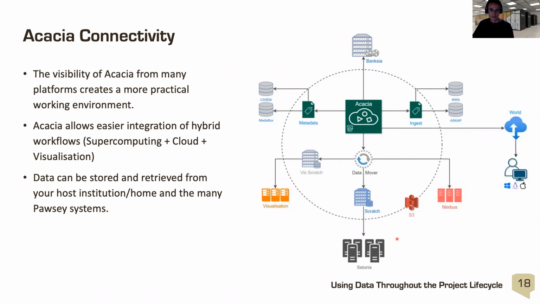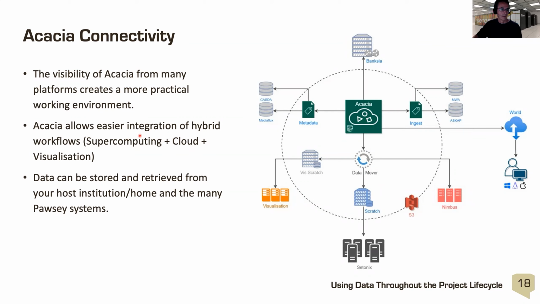Also, at this point, from the old clusters. And it is also visible from any computer that has an internet connection. All the access into Acacia is with the same kind of tool, uniform with the S3 protocol, same commands. You can access Acacia from anywhere.